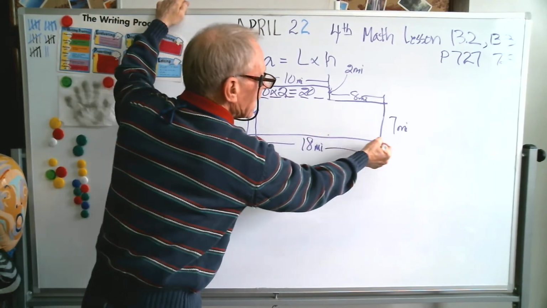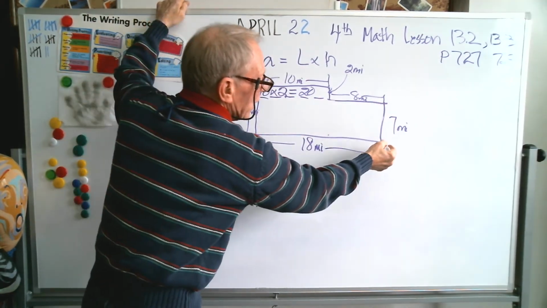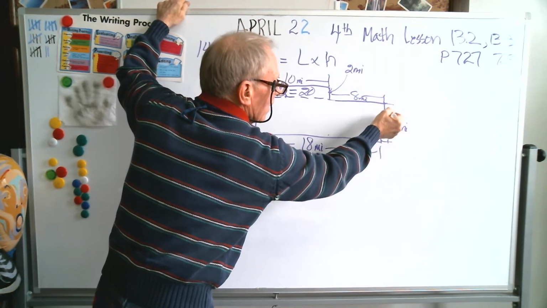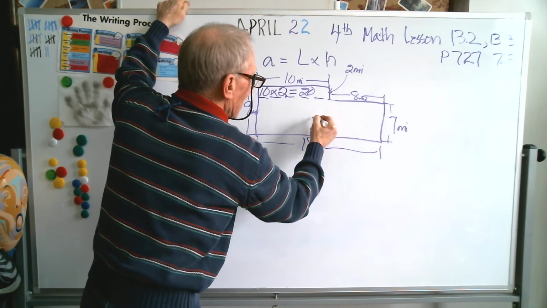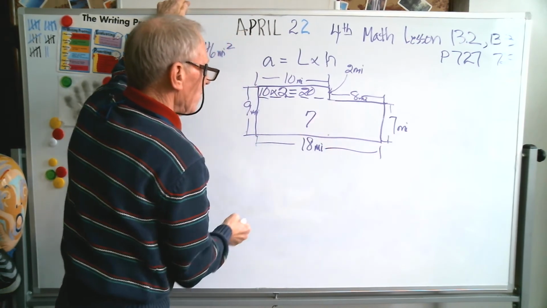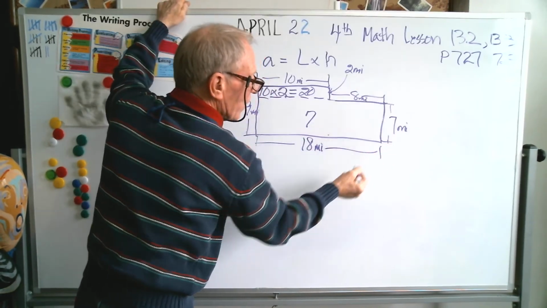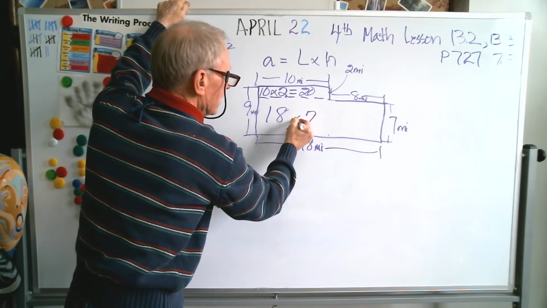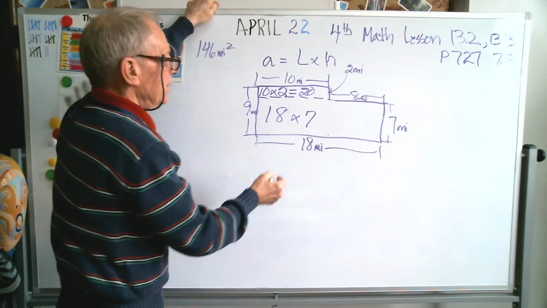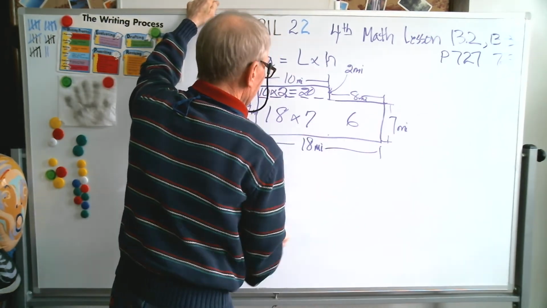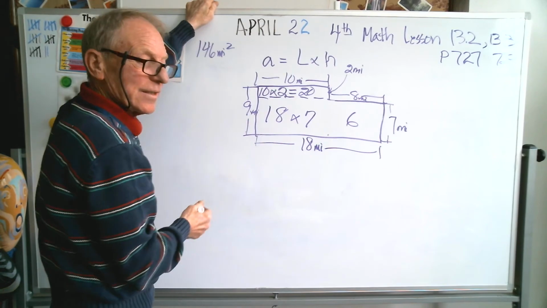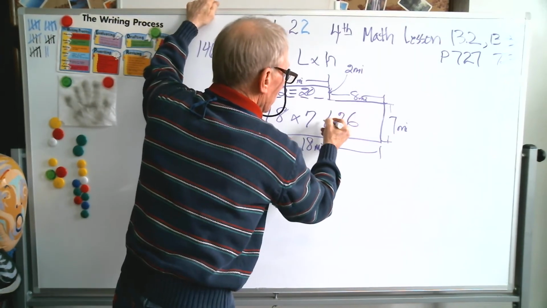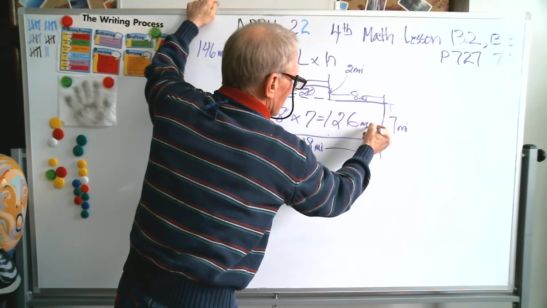Now, the big rectangle we have here, we know that its height is defined right here. 7 miles, so the height is 7 miles, and the length is 18. 18 times 7. 7 times 8 is 56. 7 times 1 is 7, plus the 5 is 12. So now we got 126 miles squared.